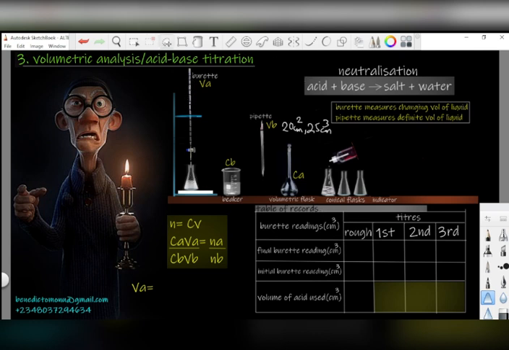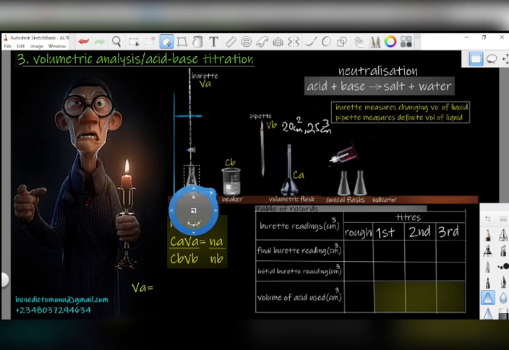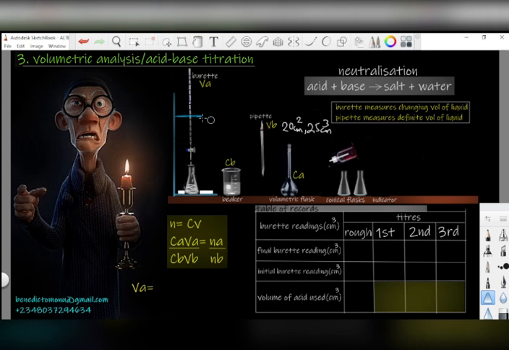So basically, you take this out of here and transfer it here after you've added your indicator, and then you monitor the color change as acid drops into it. You wait until the color of the indicator for neutralization is exactly achieved, you stop your titration, and you now look at the volume of acid you have expelled that has been collected.